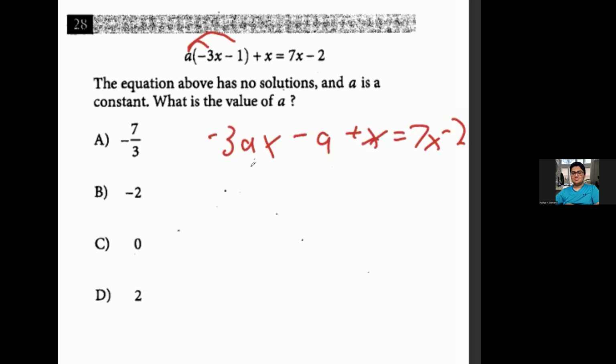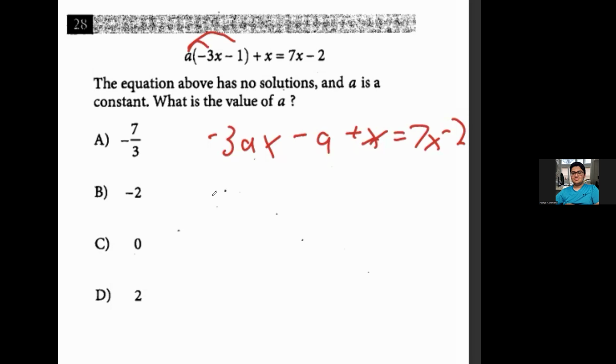Then we just have to find the value of a where this left side has the same value as the right side, so it would be 7x.